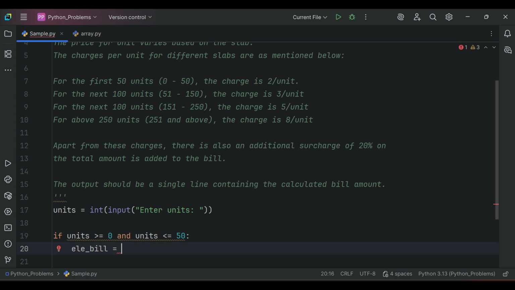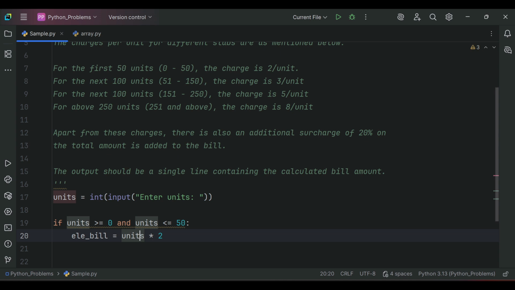The charge is 2 rupees per unit, as he mentioned, right? So at that time, units into 2 rupees. This is the first condition.